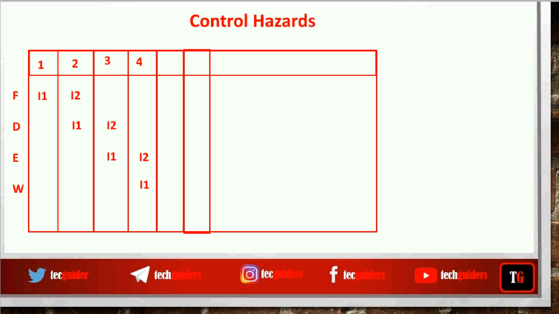And once the execution stage of I2 is over, suppose it was realized that the condition is false, means we need not make a branch or a jump to the target instruction I7. We can continue with the instructions I3 and I4, but we haven't fetched I3 and I4 into our pipeline. Now we should fill the pipeline with the instructions I3 and I4 in the coming cycle.